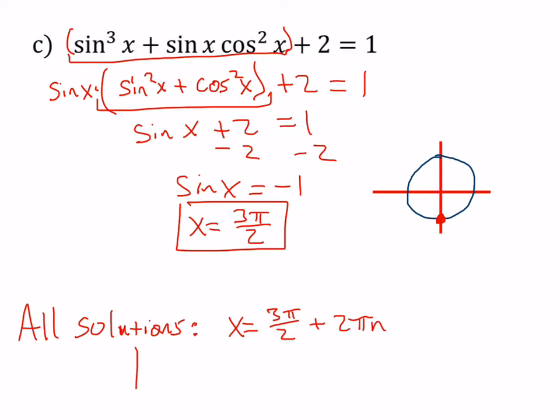Or if we think about our graph, the sine wave will touch the y value of negative 1 at all of these values that are 2 pi away from 3 pi over 2. So with the instructions given at the beginning, we want just the answers between 0 and 2 pi. There's only one angle. If we want all the solutions, we'd have to tack on this 2 pi n because the period is 2 pi.